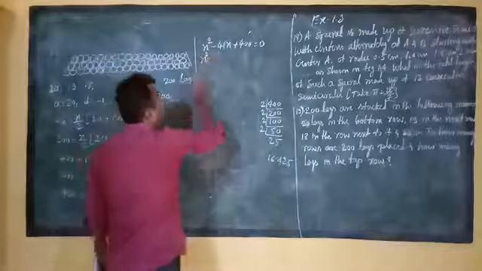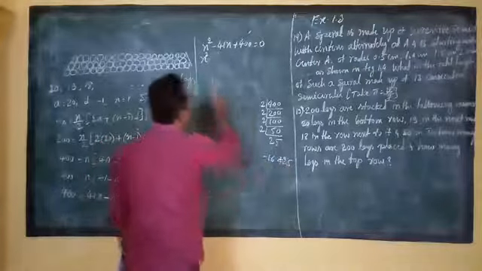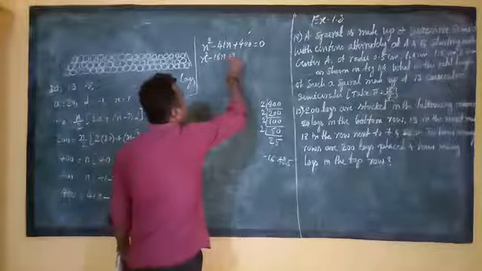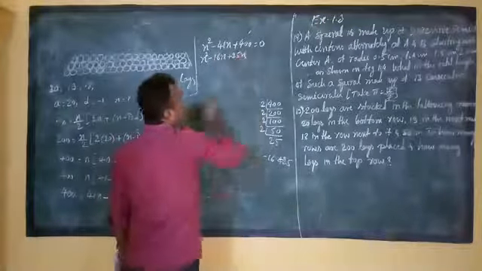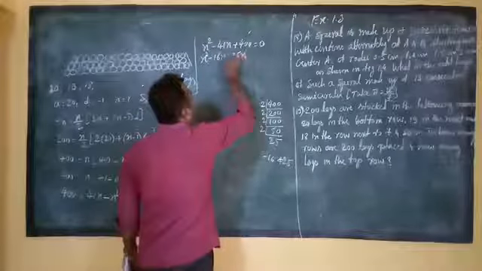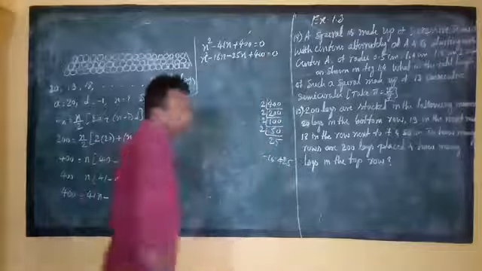So n square, and 16 and 25 both are negative. So minus 16n minus 25n plus 400 is equal to 0.